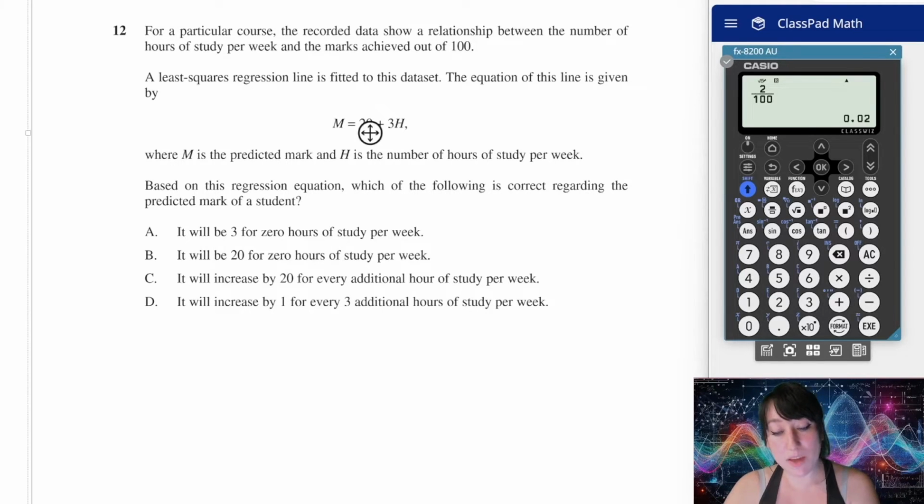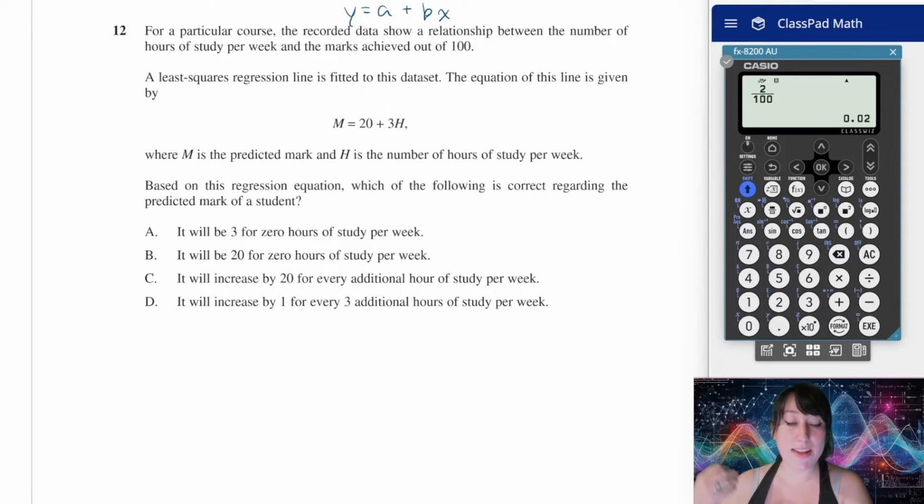In statistics, we often write y equals a plus bx. So it's really important to remember that it's the coefficient of the independent variable that is the gradient, and the constant term, the number that's by itself, that is the vertical intercept. So in this equation, the gradient is 3, and the intercept is 20.